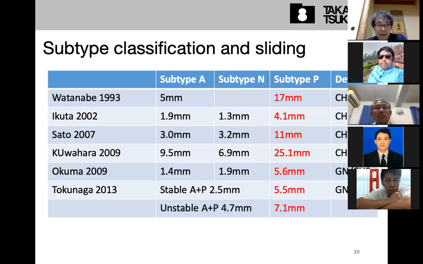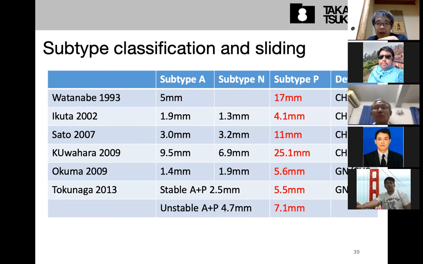And there are so many Japanese reports comparing the sliding length of subtypes A, N, and P. The red one is subtype P. In other words, this is the extramedullary type.